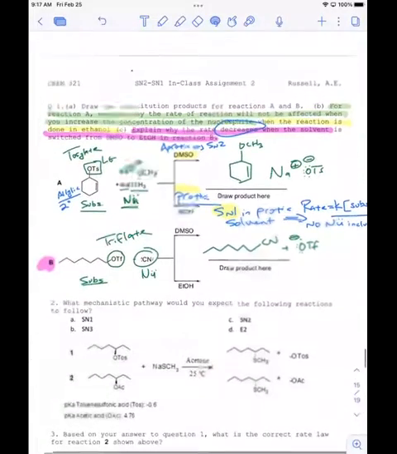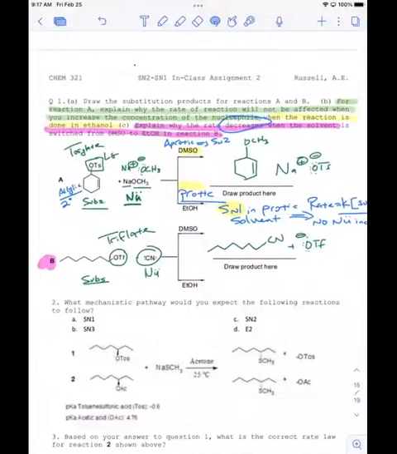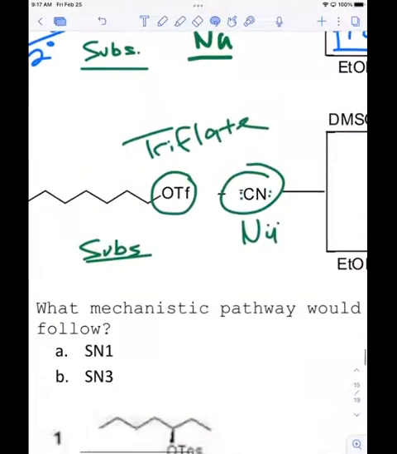So why do you think that? Look at the reaction. Tell me whether you think that's going to be SN1 or SN2. That's the point of that question. It's the SN2. Yes, why do you say that? You're right. Because it's on a primary carbon.